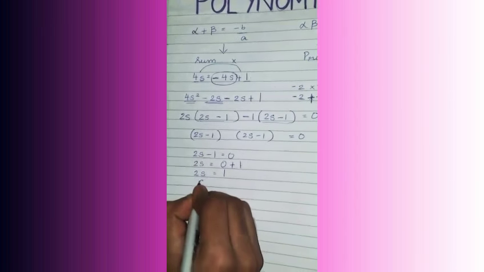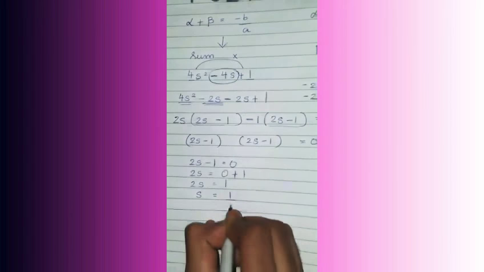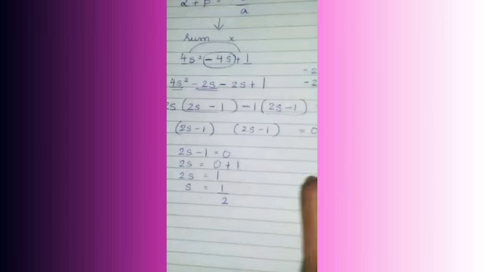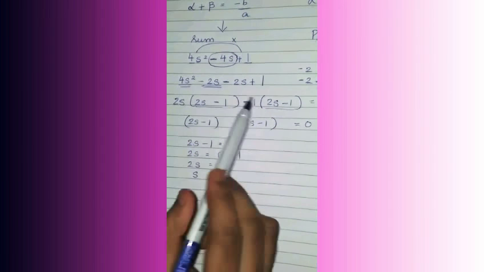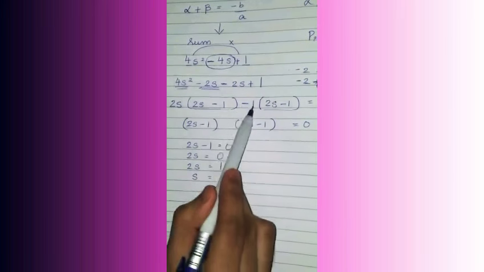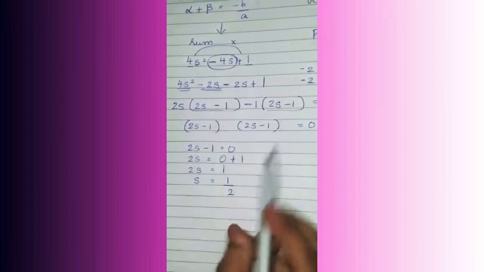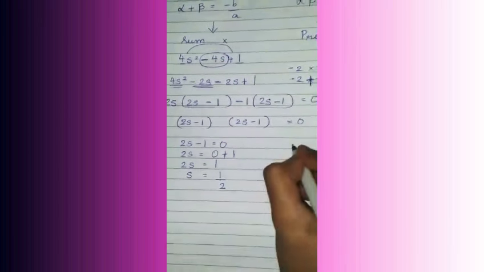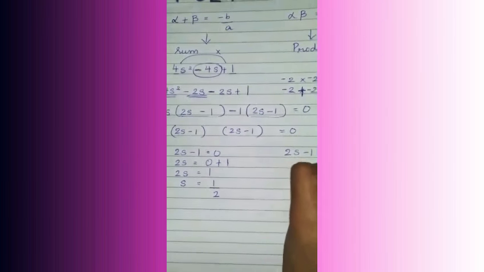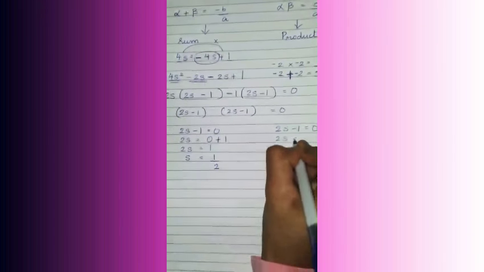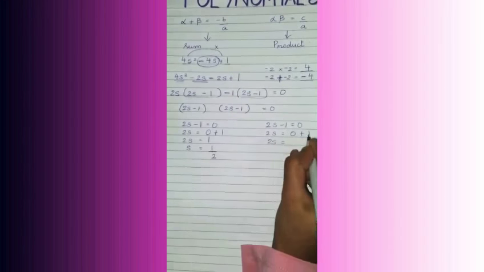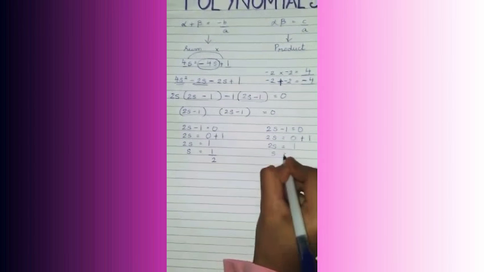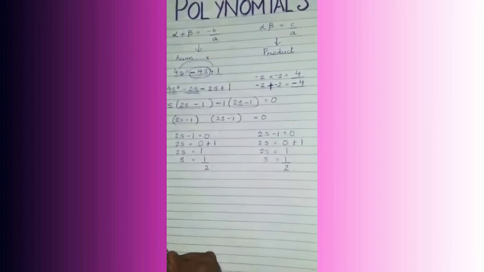Now take this s variable here and it becomes 1 by 2. Here also we got both in this. When we mix 2s minus 1 and 2s minus 1, we'll get 1 by 2. So you can show this step also. 0 plus 1, 2s is equal to 1 plus 0 is 1, 1 by 2.